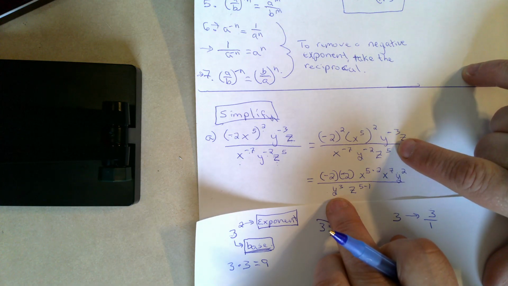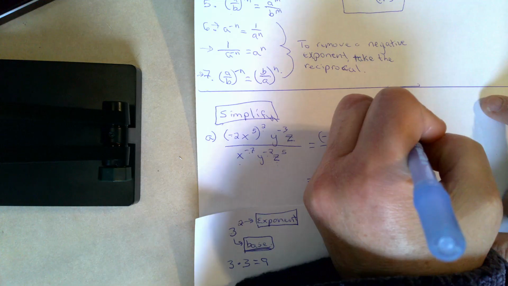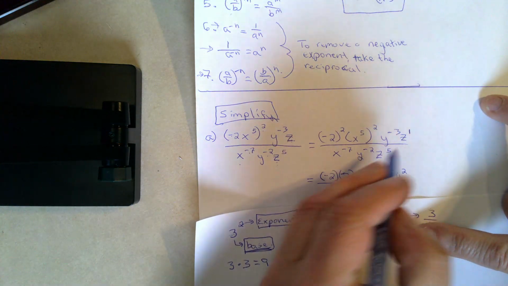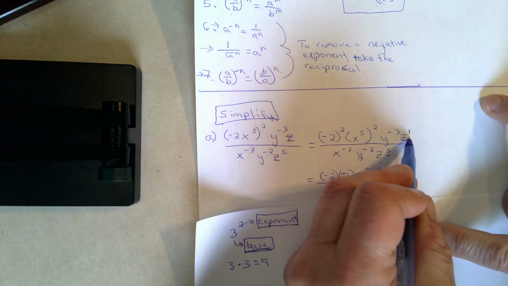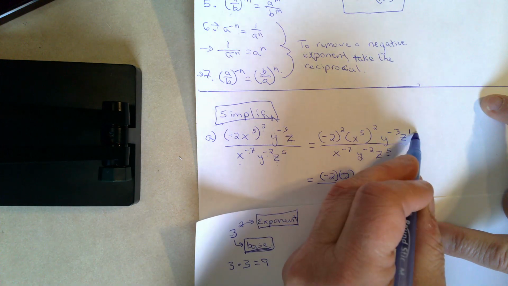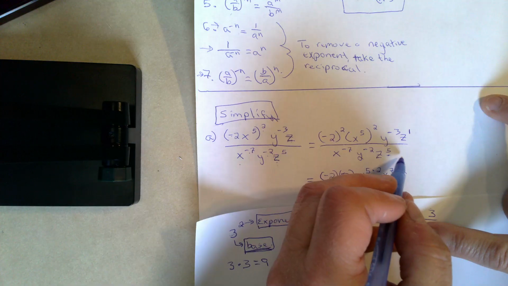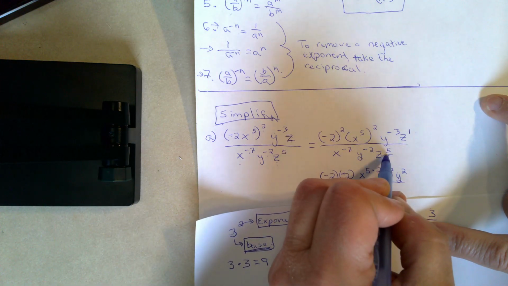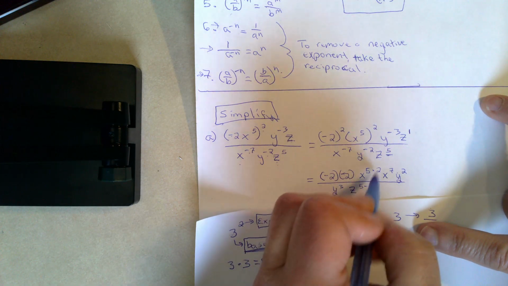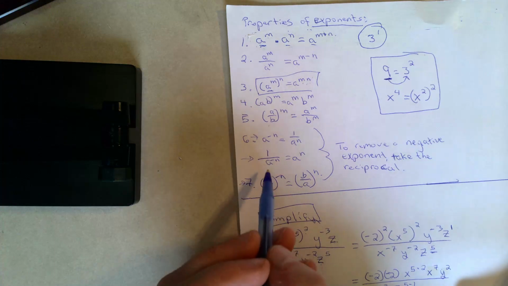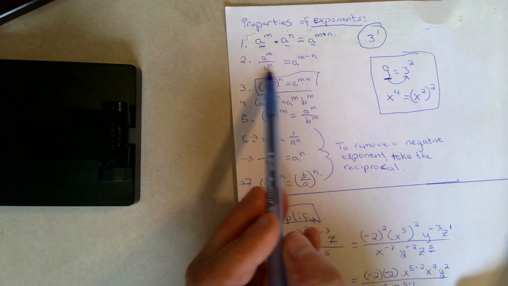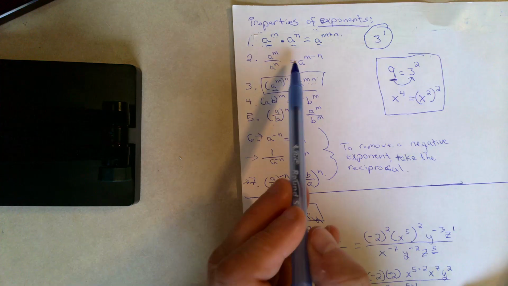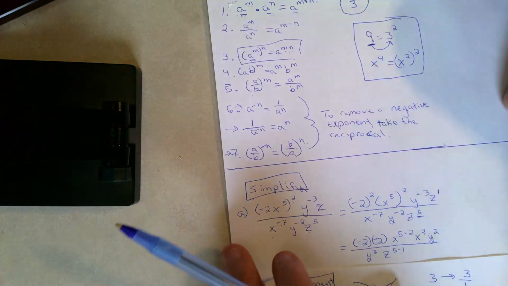Now, why did I bring this down? This is a hidden 1. Why did I bring this down? It's because this is bigger. So if I brought this up, I'd have a negative exponent, and I'd have to bring it back down anyway. So here, I just brought it down to begin with, and used my exponent rules here. And said if I'm dividing it, I subtract them.